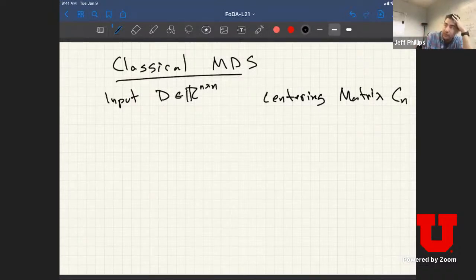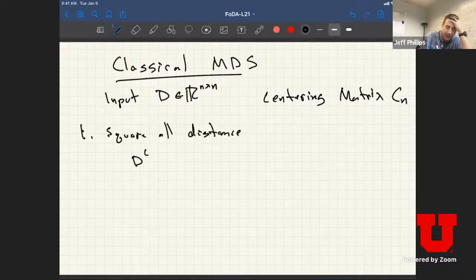So step 1, I'm going to square all the distances, because we want to work with the squared distances. I'm going to create a D2 matrix. I'm not doing D times D. It's defined so that the coordinate ij of D2 is equal to dij, my original distance entry, squared.